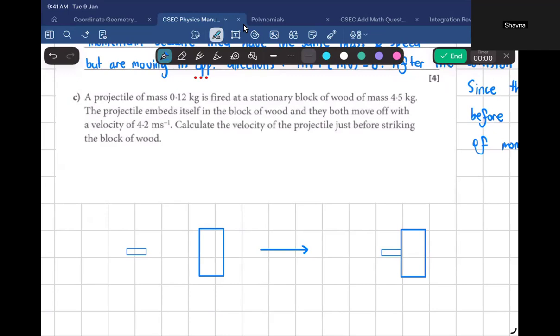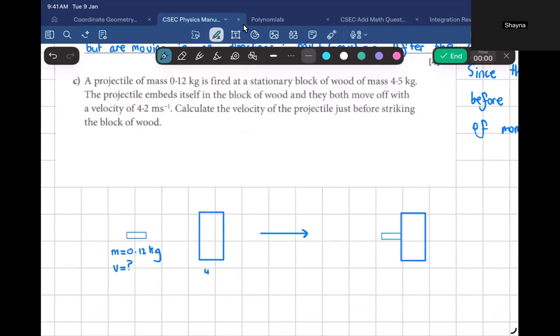Okay. All right. So this projectile here has a mass of 0.12 kg. We don't know what the velocity is. The block of wood has a mass of 4.5 kg, and we know that its velocity would be, what would the velocity of the block be?